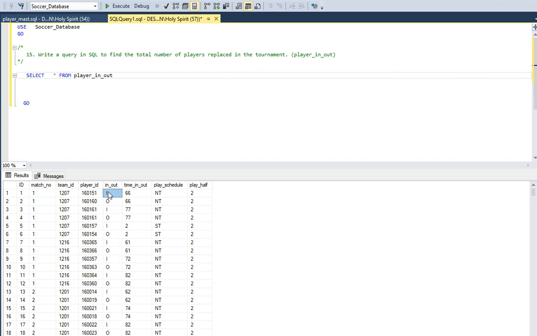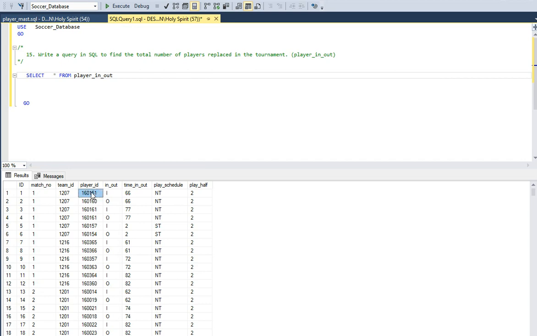Only those who came in matters. We cannot count these ones, because sometimes they are out. Players who came in can go out. Players who are already inside the team, they can go out as well. So we cannot choose this one out, so we choose who are in.